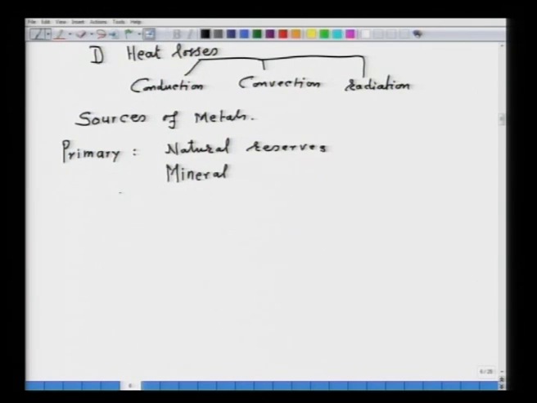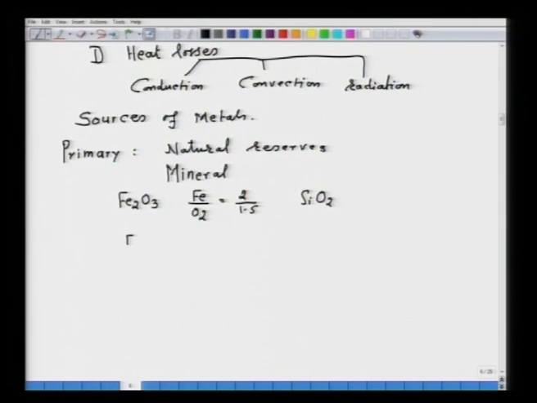For example, I take Fe2O3: 2 molecules of iron are combined with 1.5 molecules of oxygen. That is, here the ratio of Fe upon O2 is equal to 2 upon 1.5. Take SiO2: 1 molecule of silicon is combined with 1 molecule of oxygen.